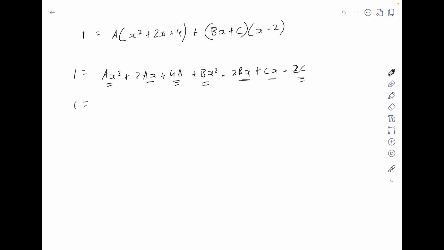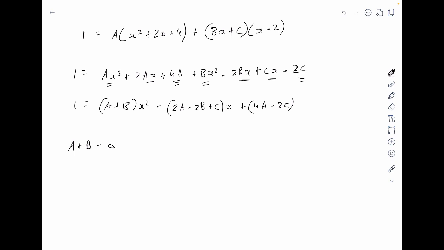Okay, so if we put the x squares together, we get (a plus b)x squared, plus (2a minus 2b plus c)x plus 4a minus 2c.